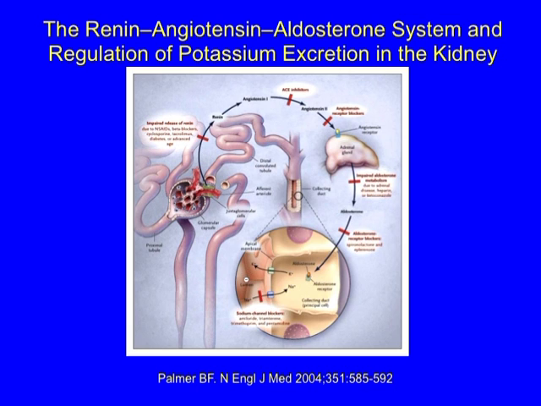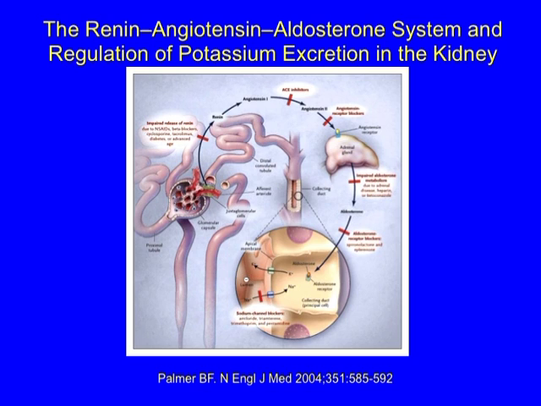So this is from a nice review by Biff Palmer, just demonstrating at the tubular level how some of these drugs may act to cause hyperkalemia. If you focus in on this portion of the slide, you'll see that within the cortical collecting tubule, there is a sodium channel, the epithelial sodium channel, and this epithelial sodium channel leads to the uptake of sodium from the lumen.